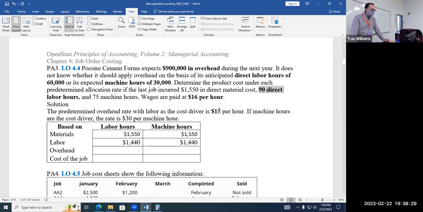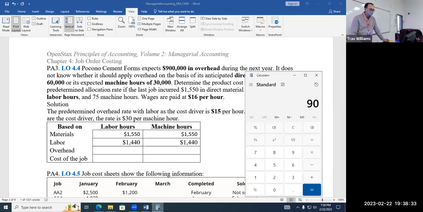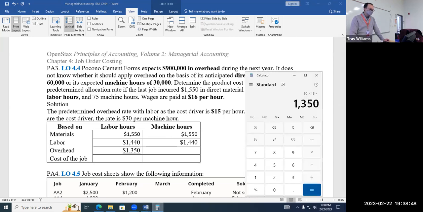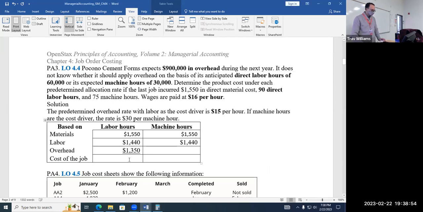So 90 times the overhead allocation rate. That would be overhead of $1,350 if they use labor hours as the driver. Let's add that up. And we get a total cost of $4,340 for that job.